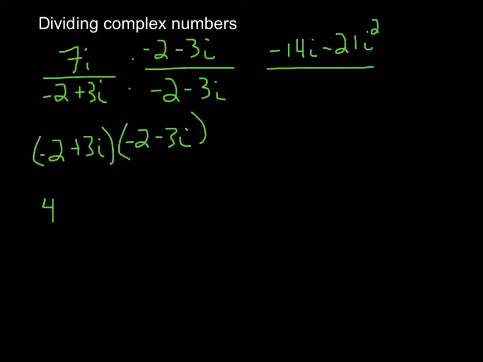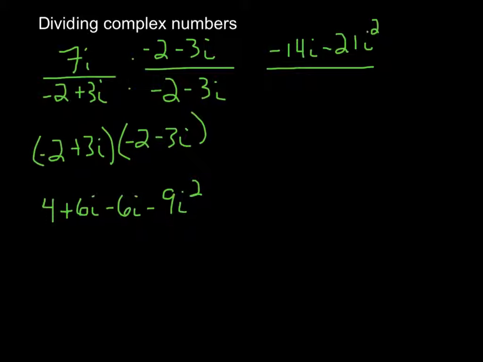Then I take my negative 2 times negative 3i, which would yield me positive 6i. Now I take my 3i here, multiply that by my negative 2, that would give me a negative 6i. And I can take my 3i here and multiply it by negative 3i. That would give me a negative 9i squared.